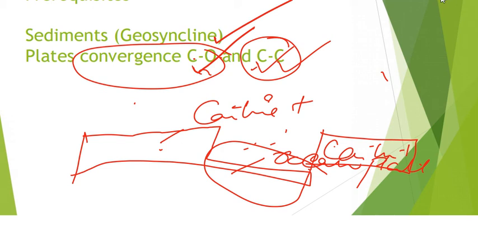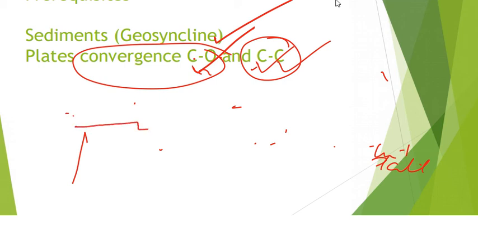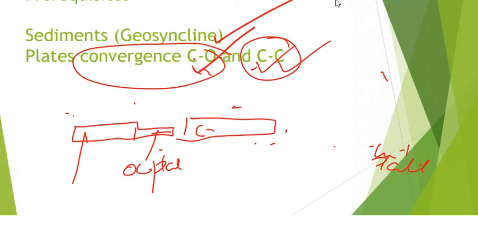Okay, listen clearly. I will repeat this again. If an oceanic plate hits a continental plate, it will result in a volcano. Then you will ask me, why don't the Himalayas have volcanoes?